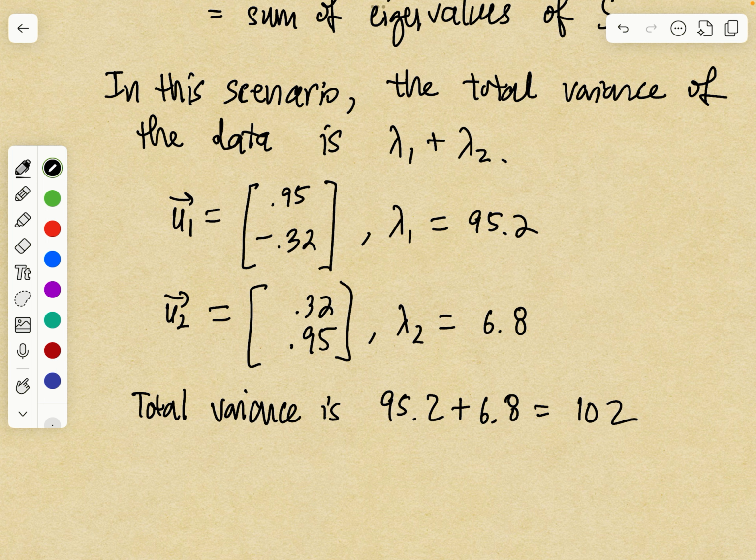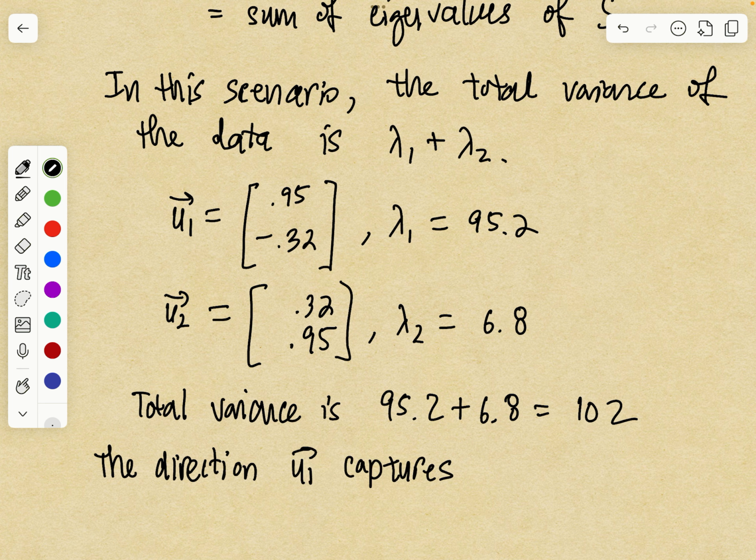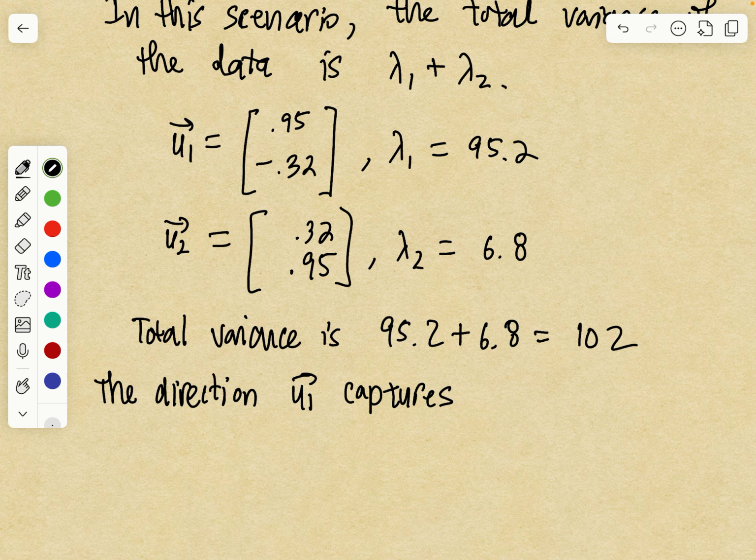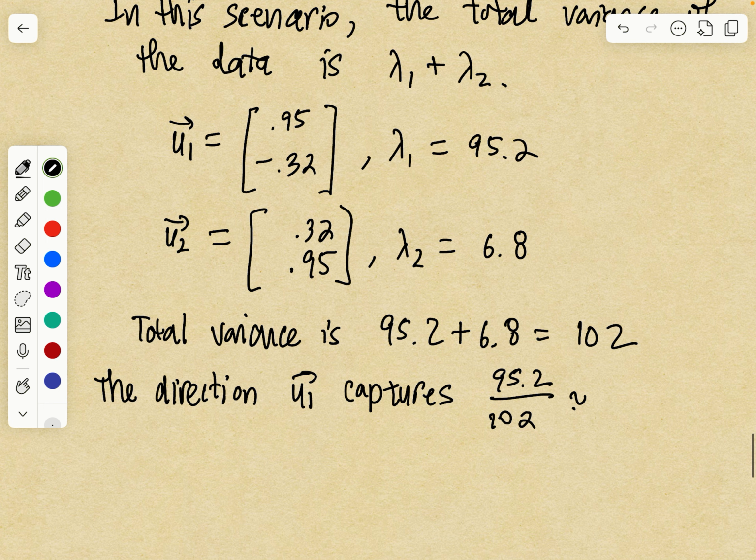And so what we can say is that in some sense, the direction u1 captures what fraction of the total variance? Well, the variance in the u1 direction is 95.2, so it captures 95.2 over 102, which is about 93.3% of the total variance.